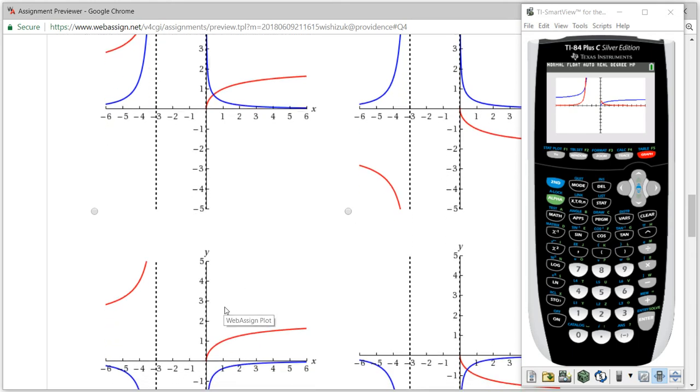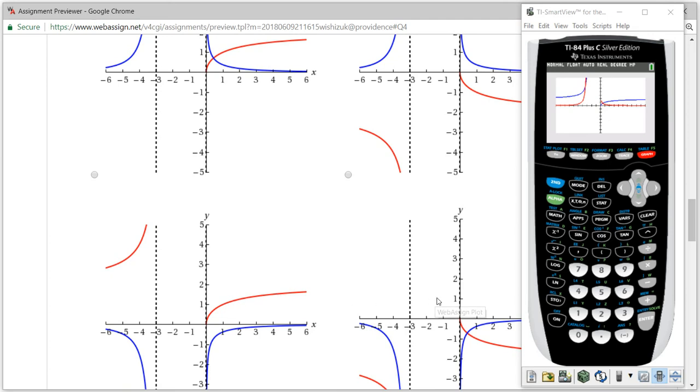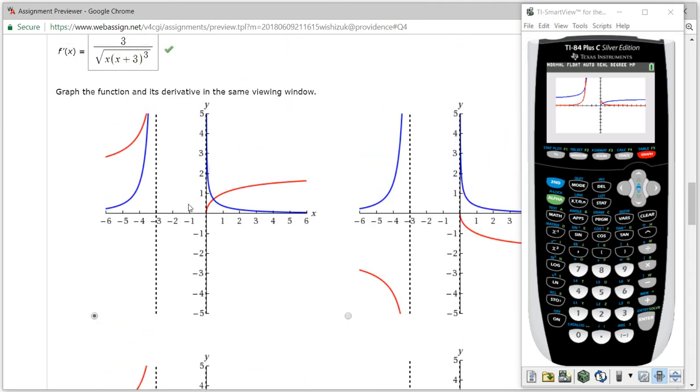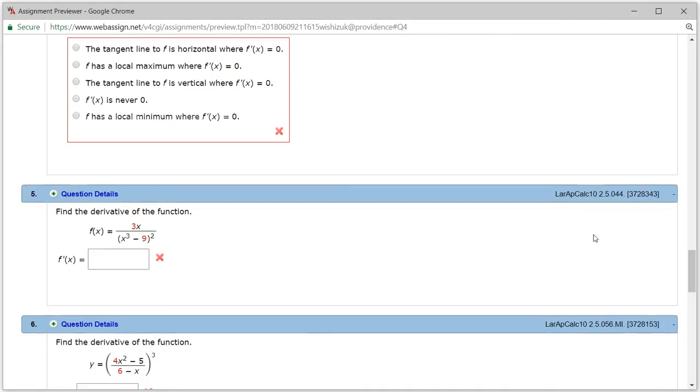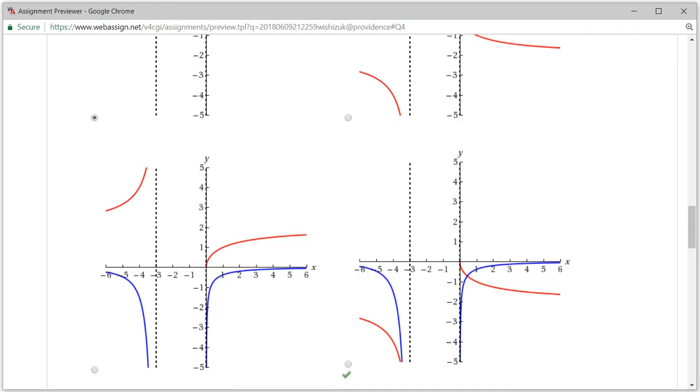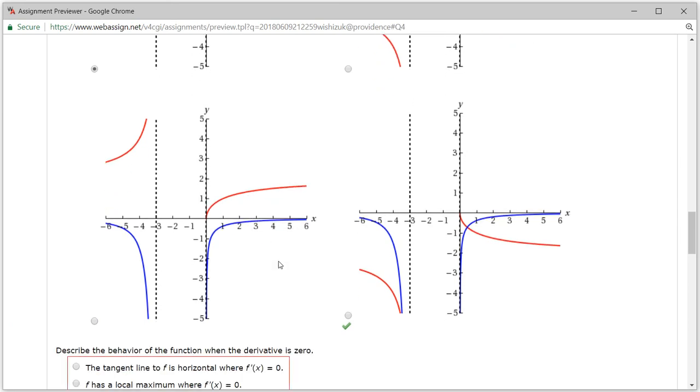The third one is definitely different, and the fourth one is different. So you can see that the first one is the correct picture. Let's submit for testing. It came back, looks like we got this one correctly.